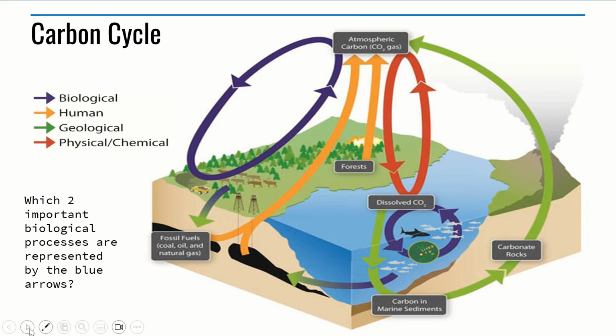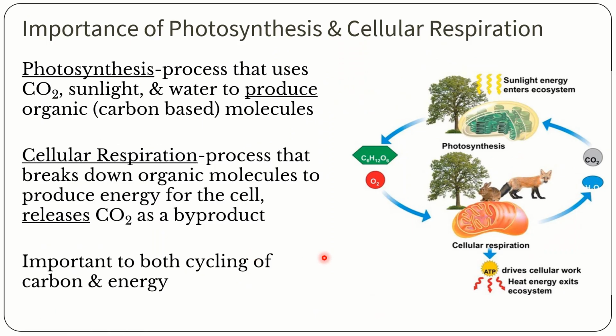So if we go on to the next slide, let's talk about those biological processes a little bit more. So the first process that's extremely important you need to know is photosynthesis. And the overview for now is that photosynthesis uses CO2, sunlight, and water to produce organic, which just means carbon-based molecules for living things. And primarily they're focused on producing a sugar called glucose.